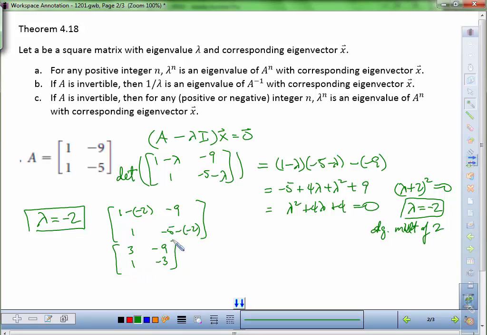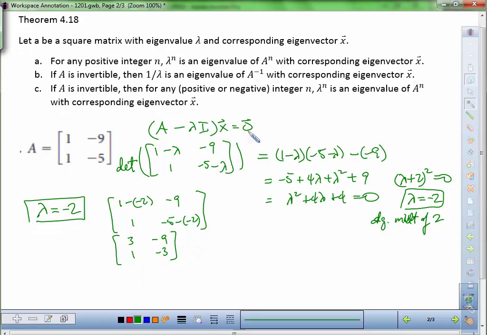And then if you try to find the null space of this, because you want to find the vector set equal to 0, you'll see that the rows undo each other or cancel out. So you have a row of zeros, and then you basically have x minus 3y is equal to 0, so x is equal to positive 3y. And if y is equal to t, x is equal to 3t.